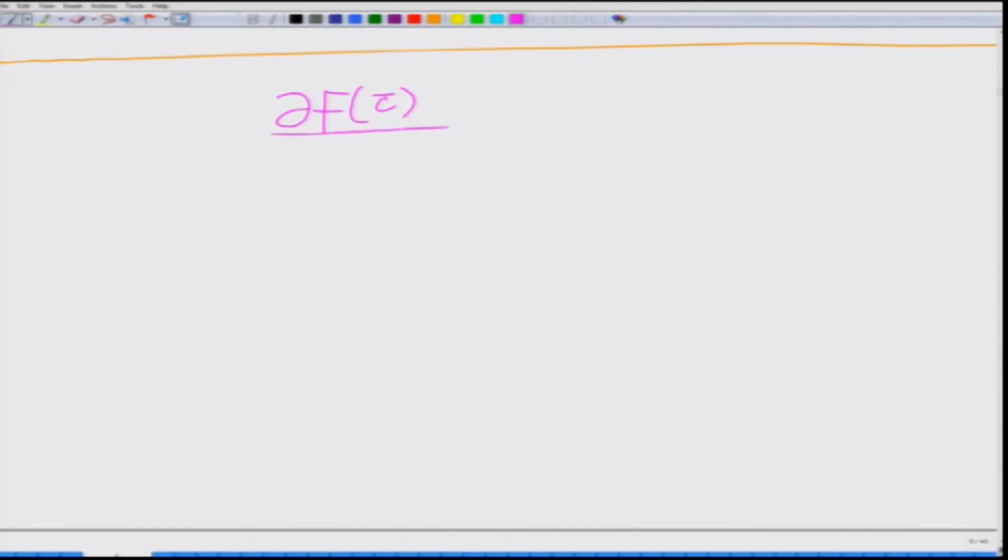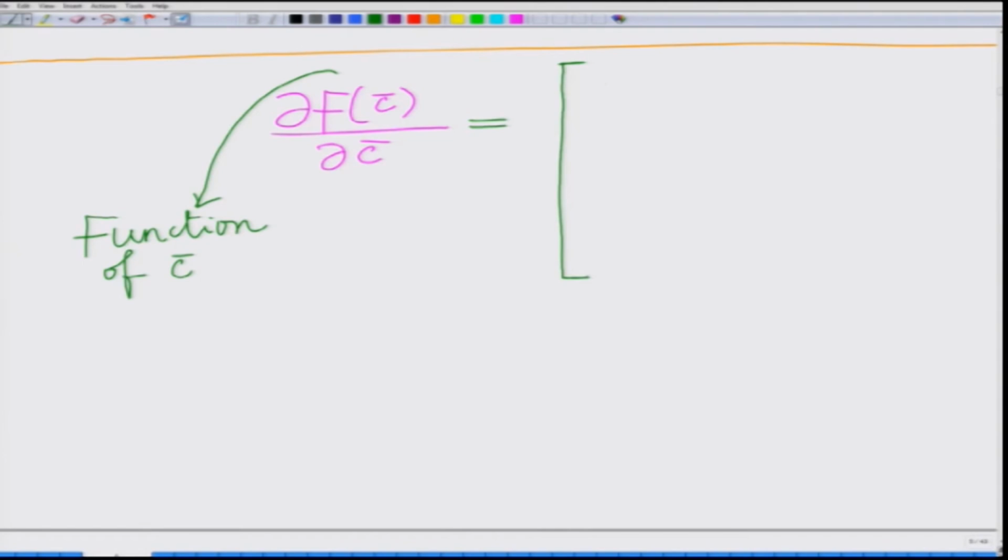that is, this is a function of C bar, and its derivative with respect to C bar will be dou f by dou C 1, dou f by dou C 2, and so on up to dou f by dou C n, that is the derivative with respect to each component.